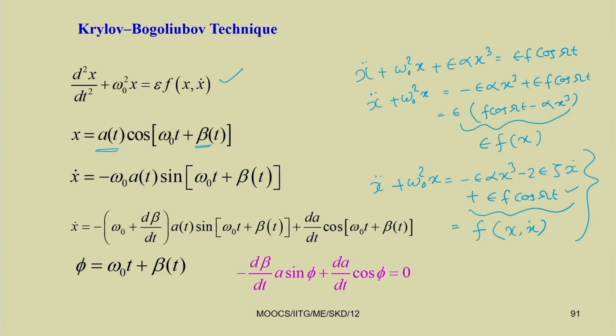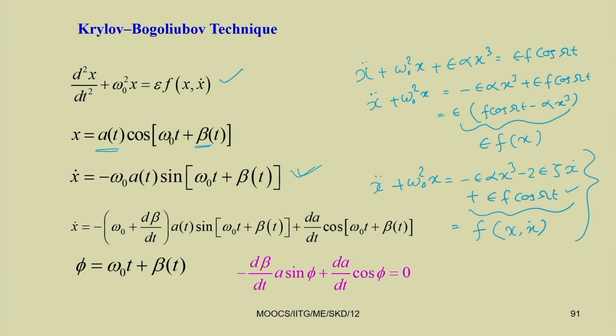Another assumption we have to take is that this x dot should be in this form, that is a t into minus omega 0, as it is cos, then differentiation becomes minus omega 0. So that is minus omega 0 a t sin omega 0 t plus beta t.